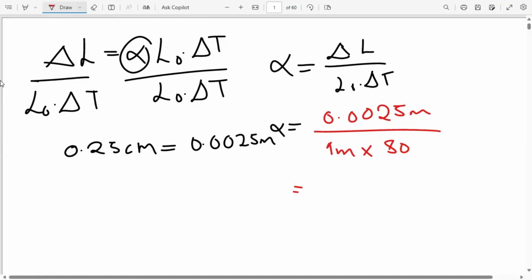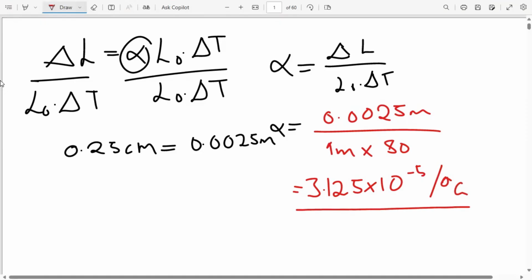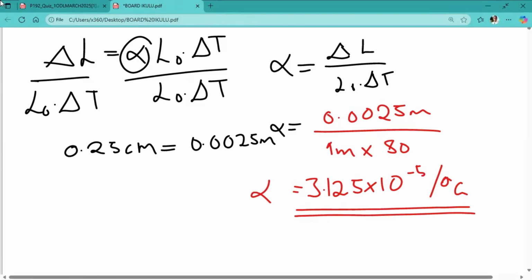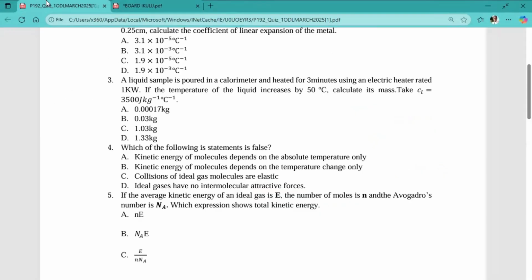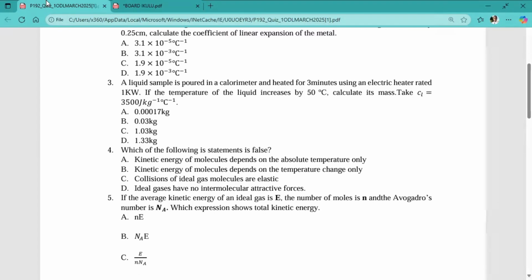This is giving me an answer which is quite small, 3.125 times 10 to the power minus 5 per degree Celsius. This is the answer that we're getting as our alpha. If we check our options, this answer is on option A. So that means option A is correct on question 2.